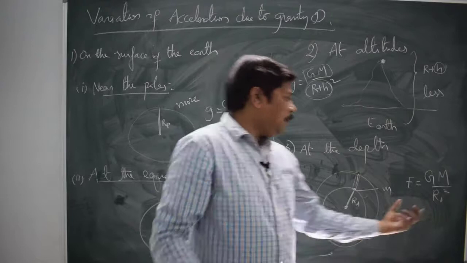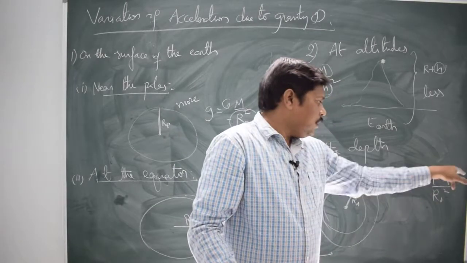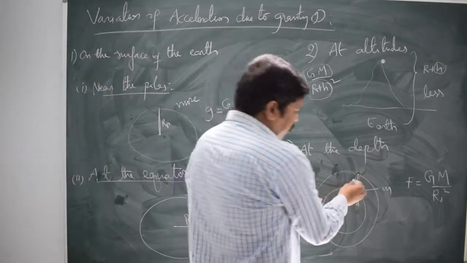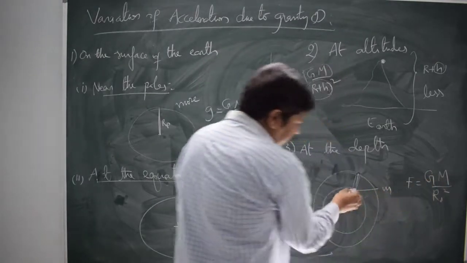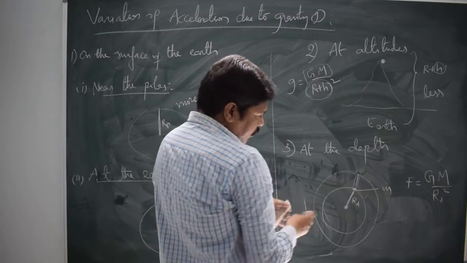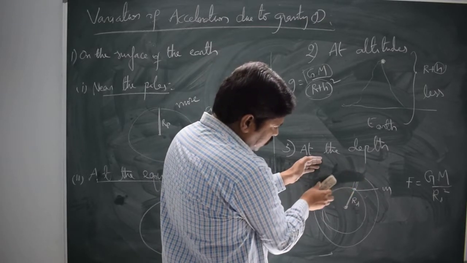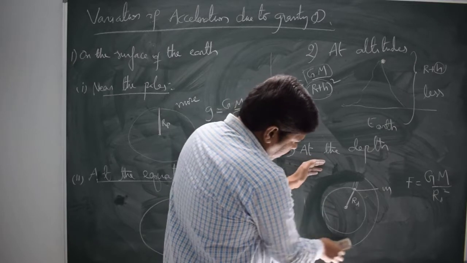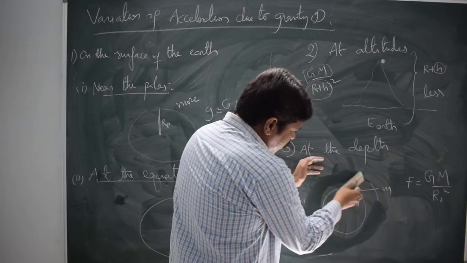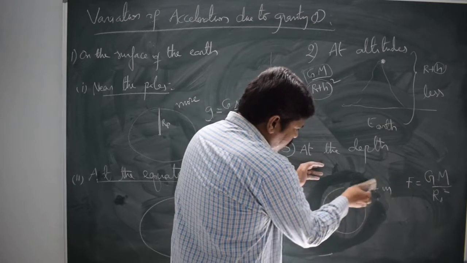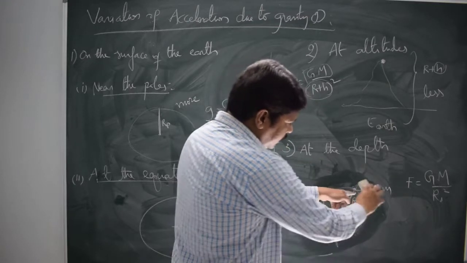Before, I said if the denominator is decreasing, definitely the fraction value should increase. But check with the mass. When we go a little inside, the outer shell, I mean the gravitational force of the earth for the outer boundary, will not play any role in attracting the body. So this force will not be acting on the body because of the mass.